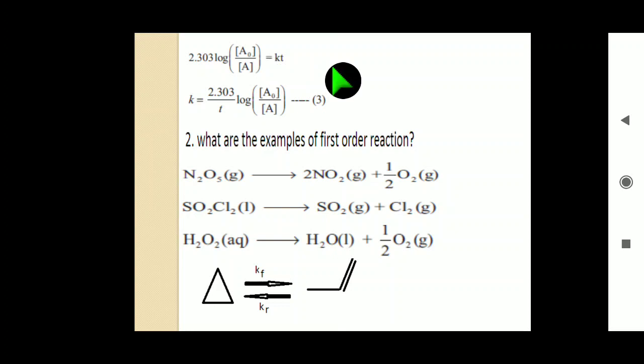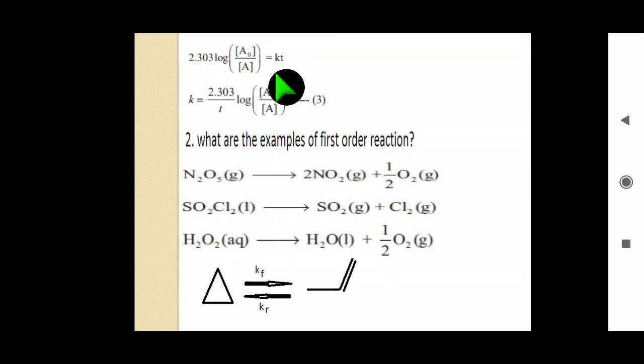This equation is in natural logarithm, so that's why the ln is converted into usual logarithm with the base 10. That's why it is multiplied with 2.303 log. So ln equal to 2.303 log. So finally we have to find only the rate constant k.